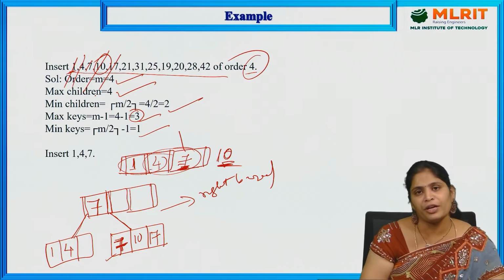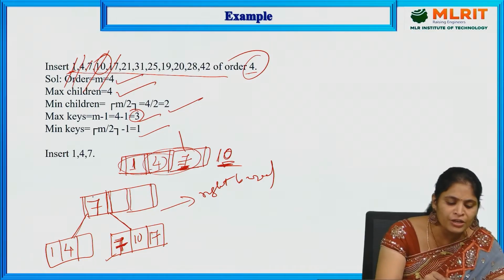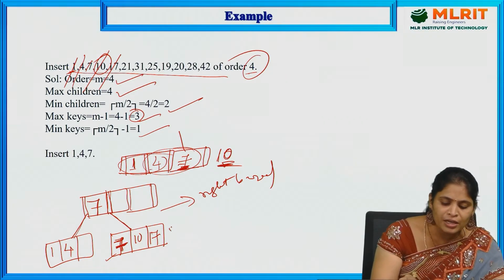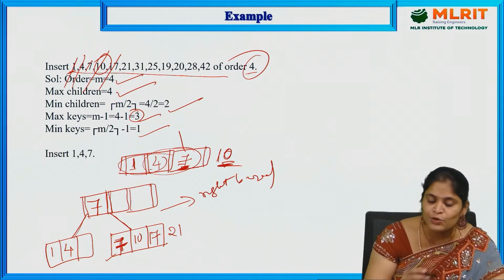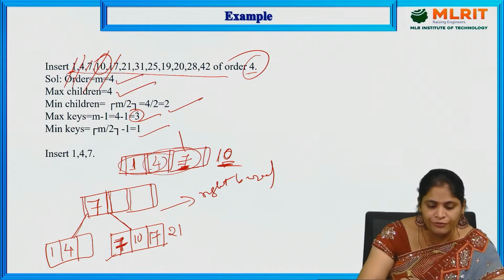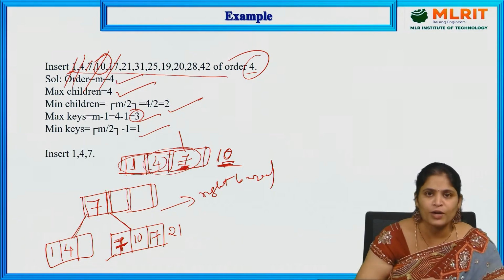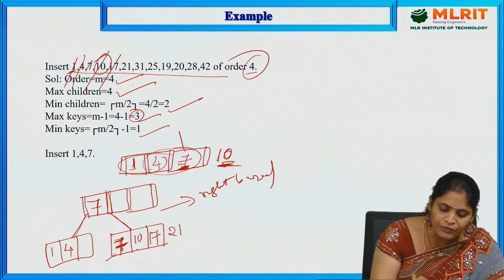Next, 21. Okay. Where should I insert 21? 21 I used to compare with 7. It is greater than. Here I have to insert 21. Okay. Then there is no place. Then again I need to split this node. And I have to shift the middle element to the index value. So, here by inserting 21, what is the middle element here? 10 and 17.